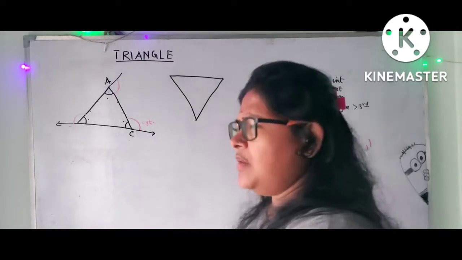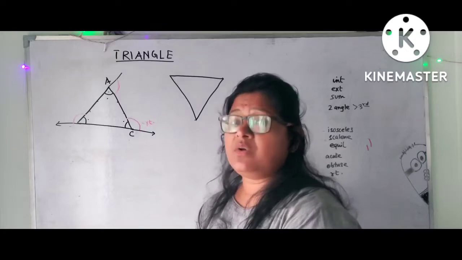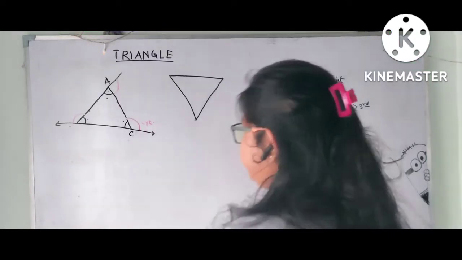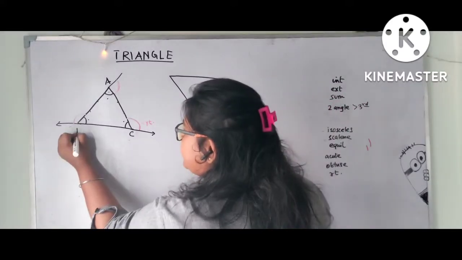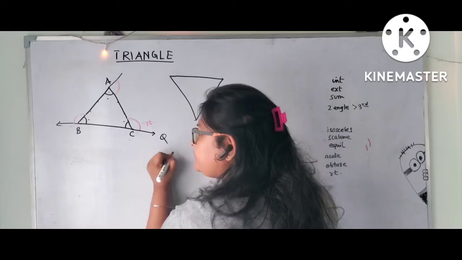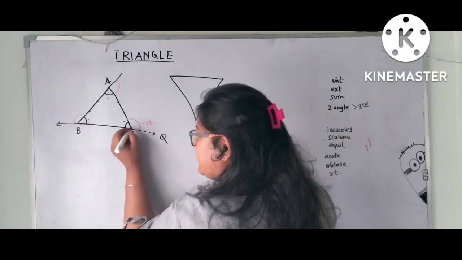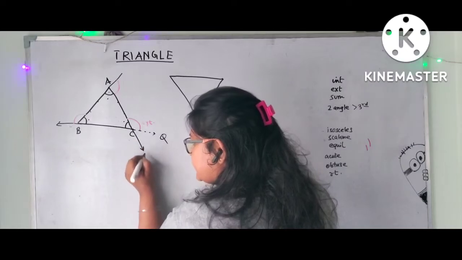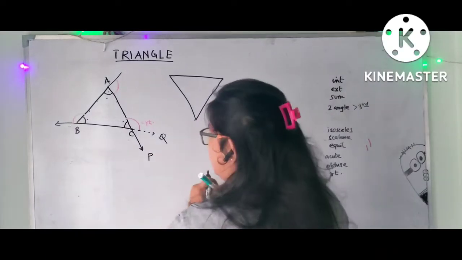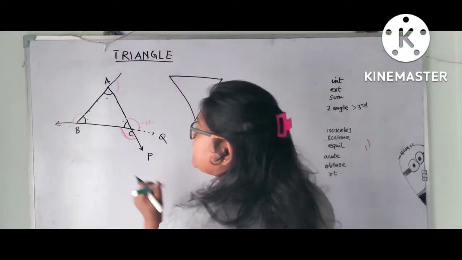But do you think that there are only three exterior angles in this case? No, there are more. Now how will I understand this? I have extended the line BC to Q. Now if I don't extend this line and if I extend in this case to P, that means this will become my exterior angle.